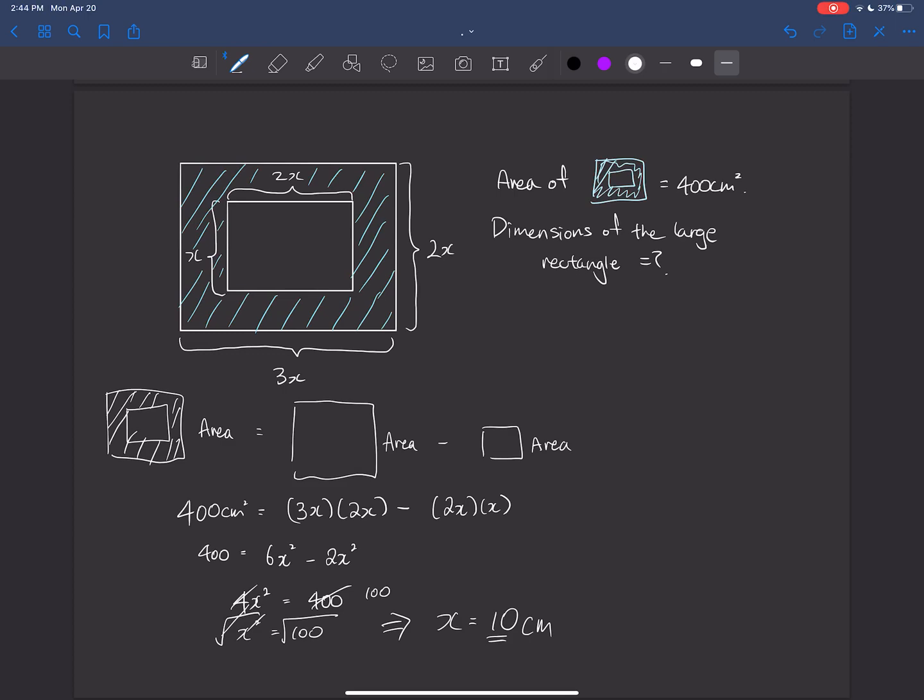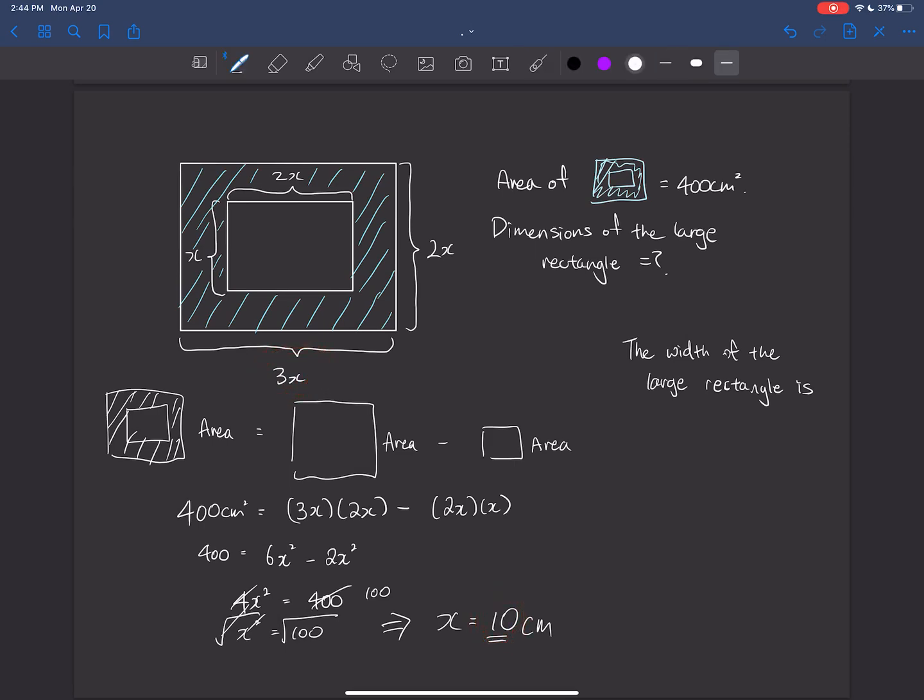And we want to find the dimensions of the larger rectangle. So the width of the large rectangle is 3x, which means it's 3 times the value of x, and the value of x is 10.